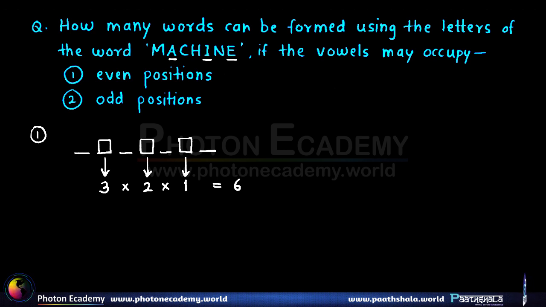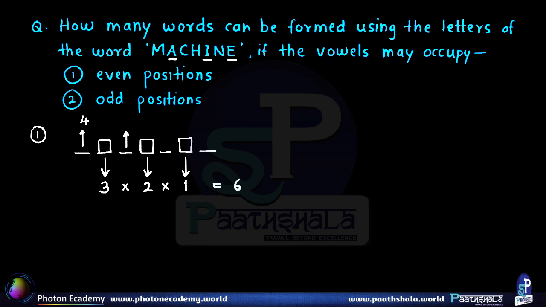numbered positions. Now in the remaining odd numbered positions, we have to fill in the 4 consonants. As again we start distributing the consonants, the first place can be filled in 4 ways, the second place can be filled in 3 ways, the third in 2 ways, and the last one in any one of the ways.